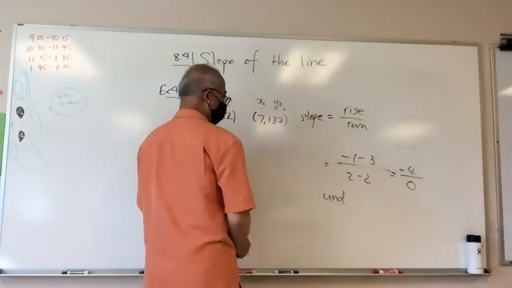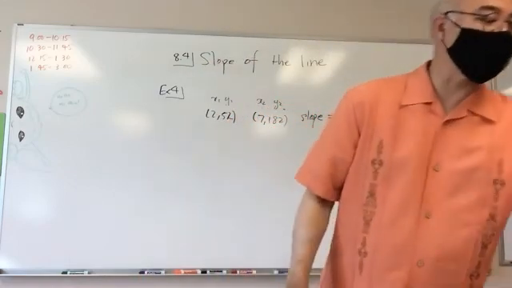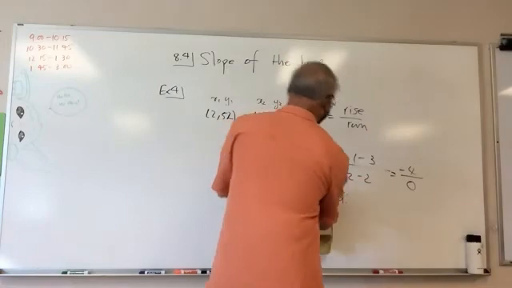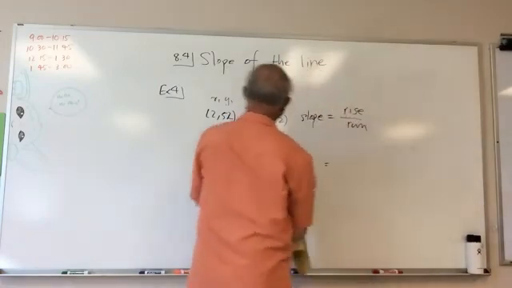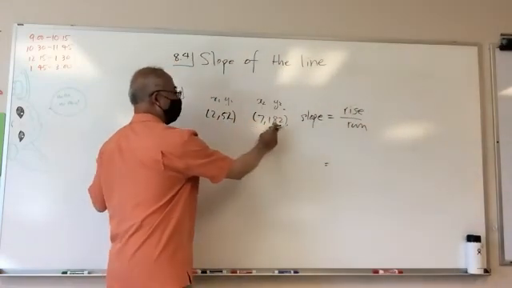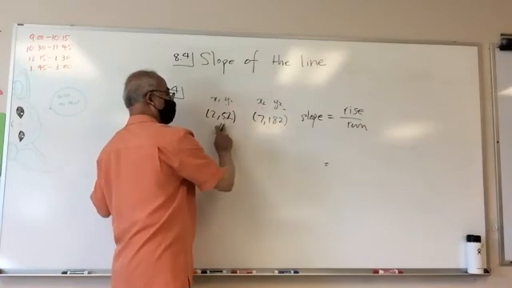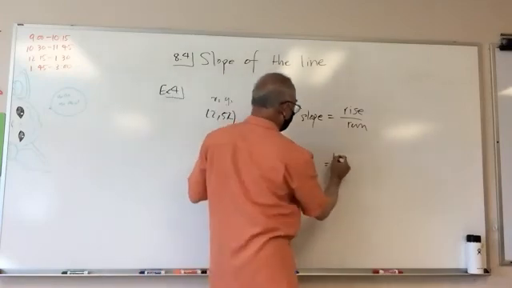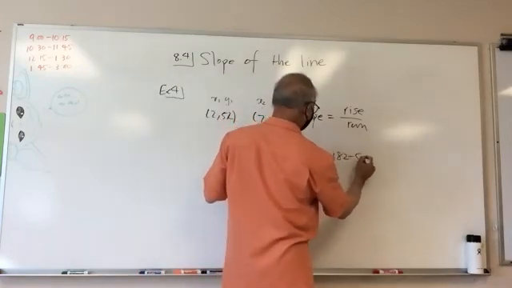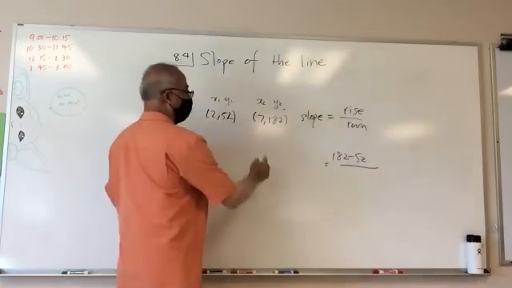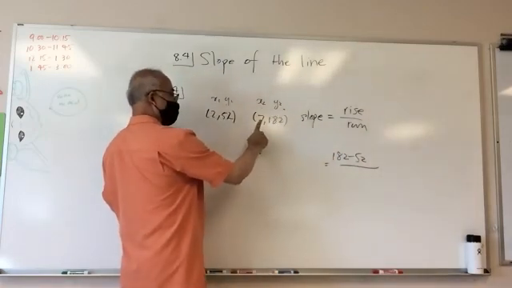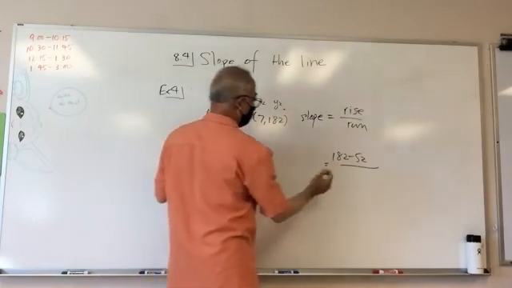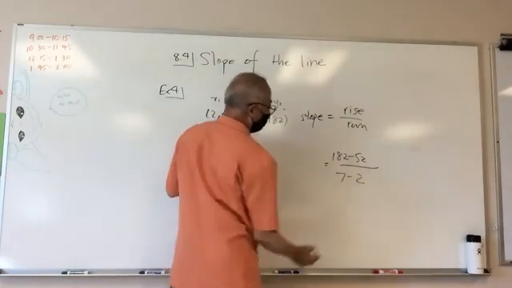Again, the rise is the difference in the y's, so this guy minus this guy, right? So it's 182 minus 52 over the run, which is the difference in the x's, 7 minus 2.